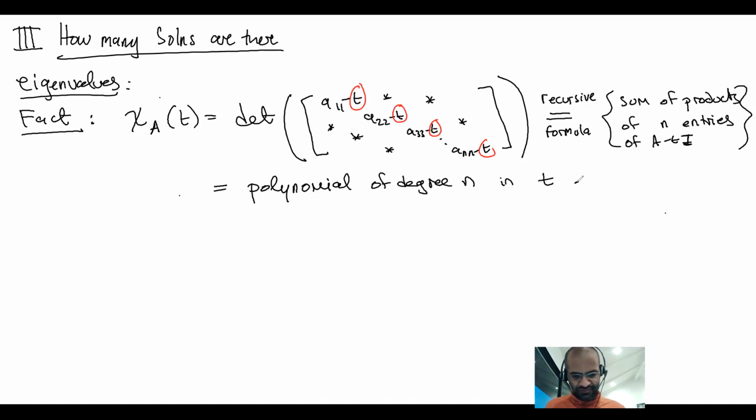Okay, so it's a true fact. What I told you is a sketch of a proof, which is almost a full proof. You just have to believe this fact that when you do this expansion, you get a sum of products of n entries of this thing at a time.